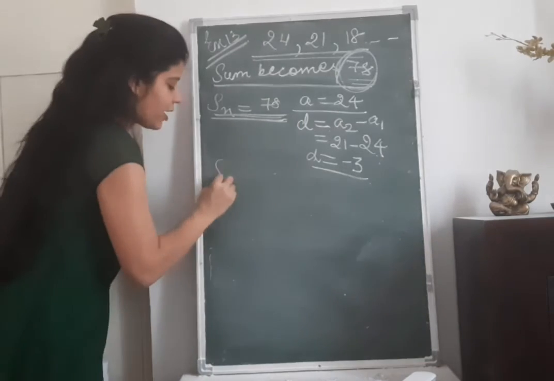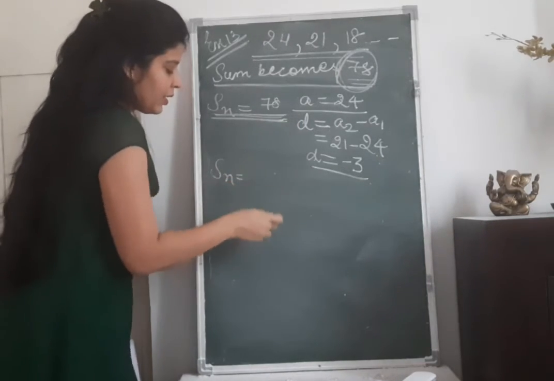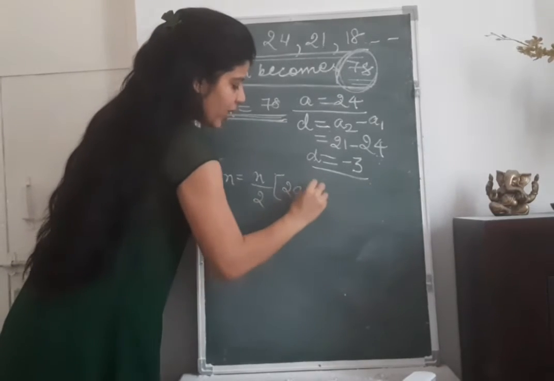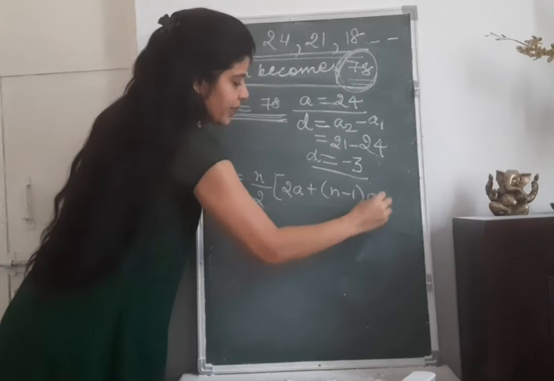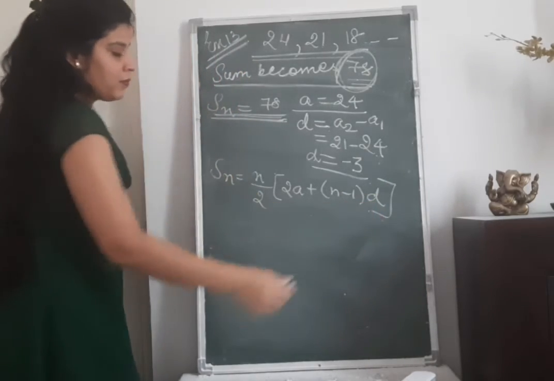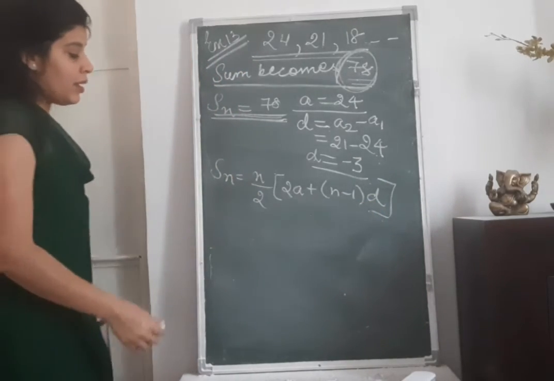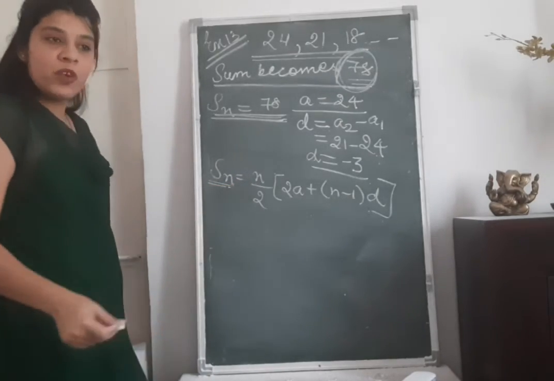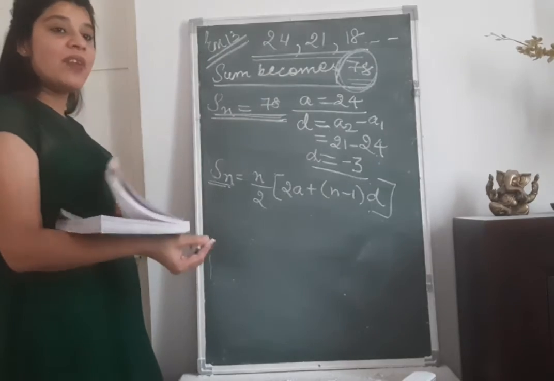What is the formula for Sn? Sn is equal to n upon 2 into 2a plus n minus 1 into d, right? Now n is what we have to find out, because we have assumed that the sum of first n terms of this arithmetic progression is 78.